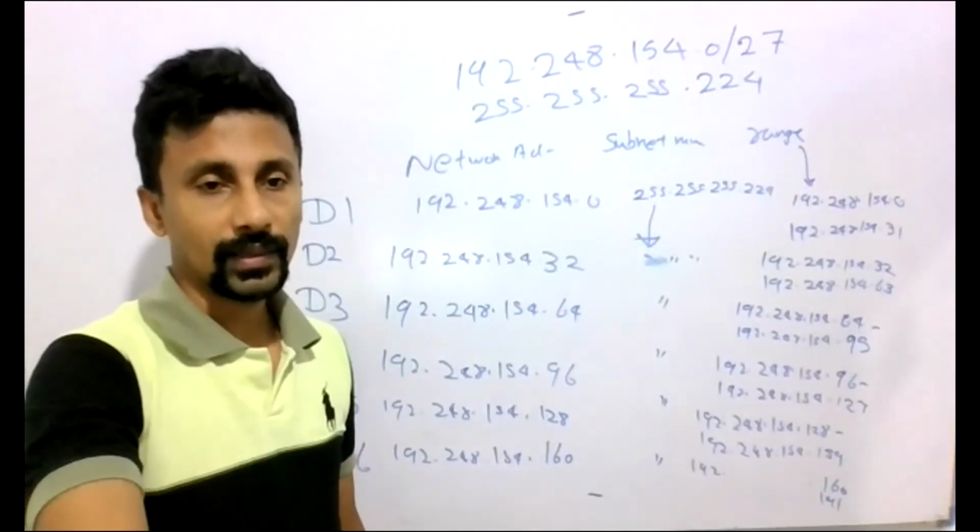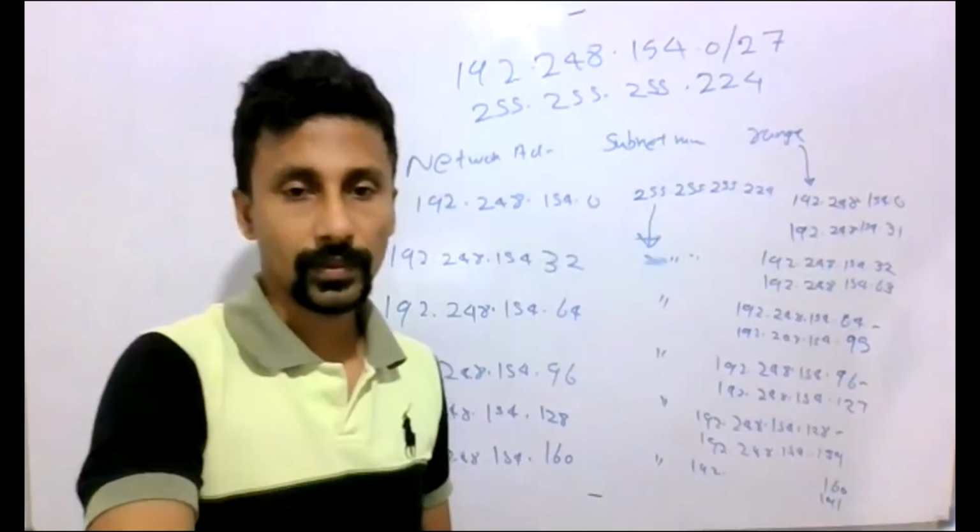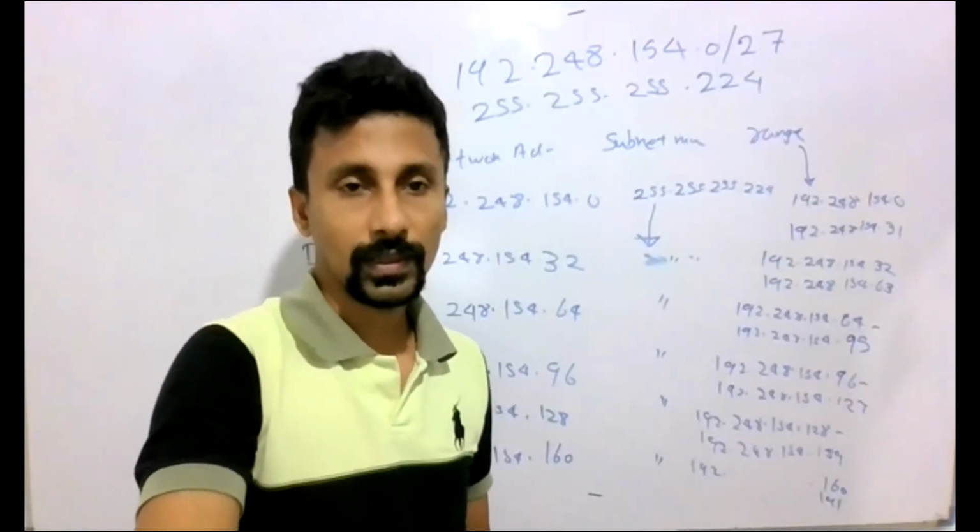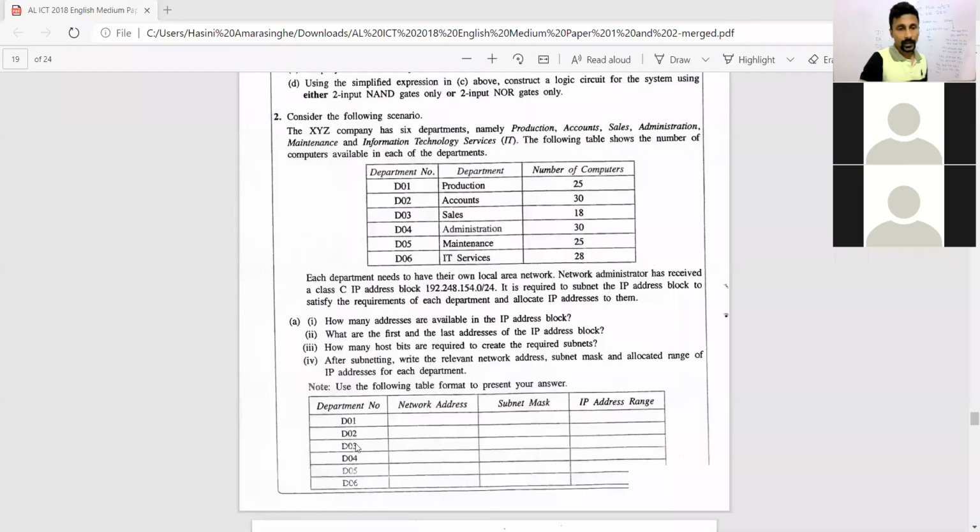networking part. Yeah, networking part එක අපි ගත්තොත් එහෙම, Part A ගත්තොත් එහෙම we have found this one also. Ask and allocate range, now here you can understand by looking at the number of computers. Number of computers වැඩිම තියෙන්නේ maximum is 30.